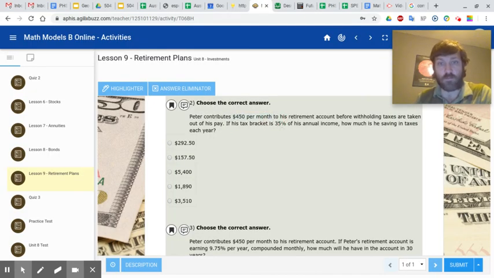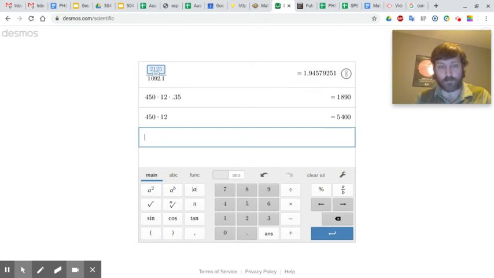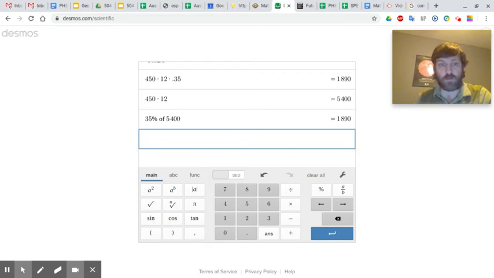And if he has to pay 35% in taxes, 35% of that answer, and I messed up, let me go back. And then 35% of that answer, which is right here, for 5,400. So 35% of that answer is 1,890.